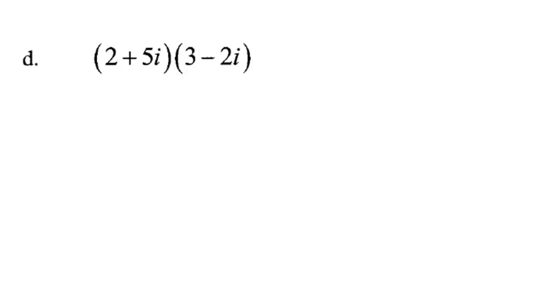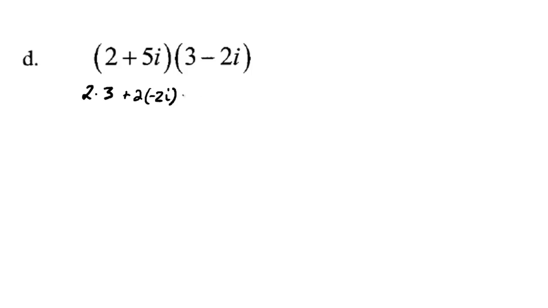All right, we know that a binomial times a binomial is something we use the distributive property to multiply, or FOIL. So if you do first, you have 2 times 3. And 2 times 3 is 6, but I'll write 2 times 3 here. I'll show every step. And then 2 times negative 2i. That's our outer.